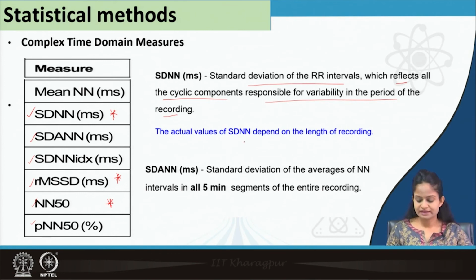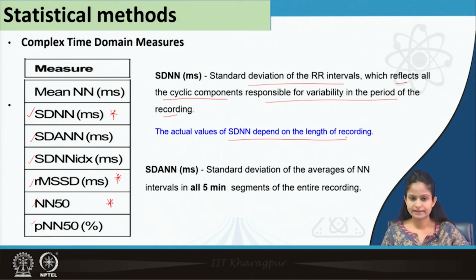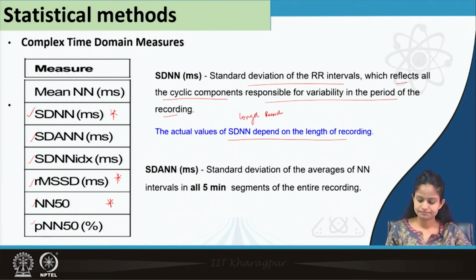The actual values of SDNN depend on the length of the recording. The longer the recording, the higher the SDNN. So, a longer recording gives rise to higher values of SDNN.